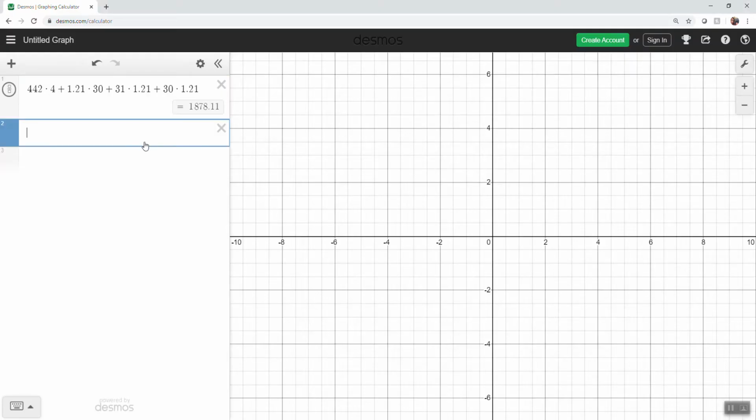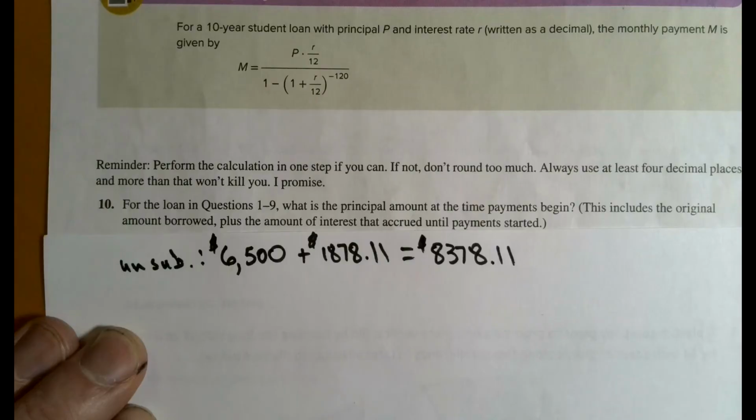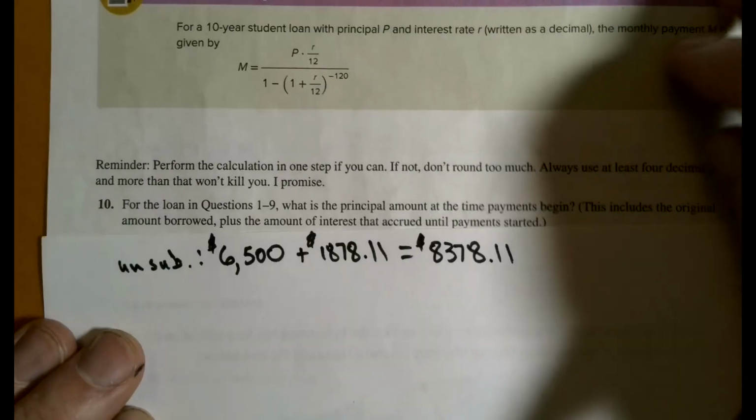So quick switch to Desmos, and we'll calculate that. We owe the government at the beginning of our payments $8,378.11. So that's the amount that's going to be capitalized.